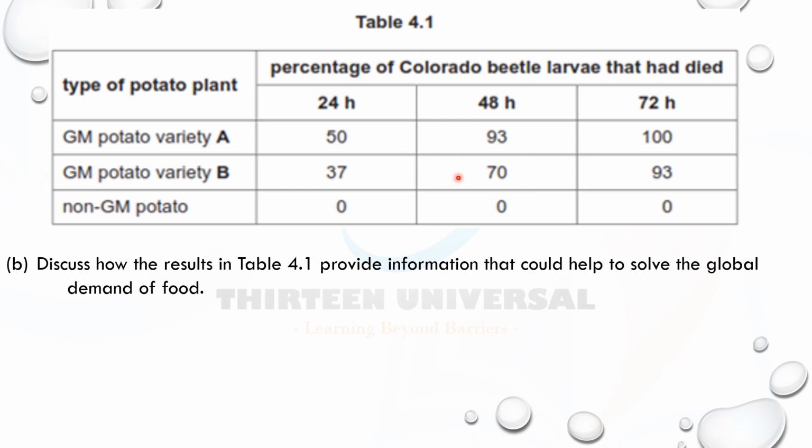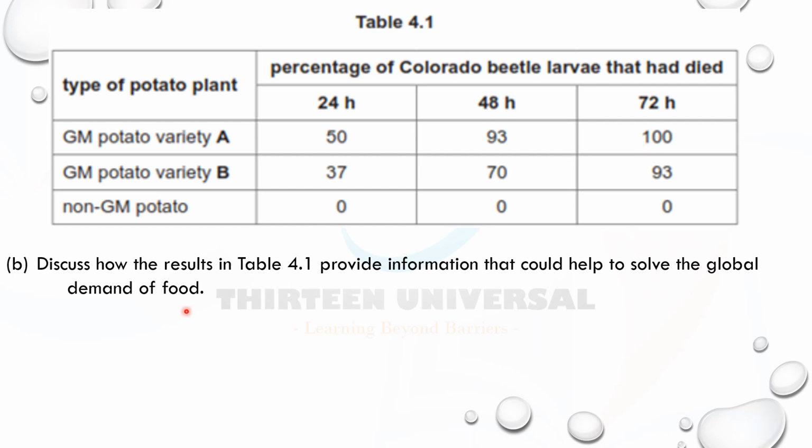But if you check, you see that GM potato variety A kills the larva more, because after 72 hours it had killed 100 of them. Now when they kill the larva, they increase yield. There's increase in potato yield because the larva reduces harvest. So if you kill the larva, the yield will increase, and once the yield increases, we have enough food to supply to the demand.